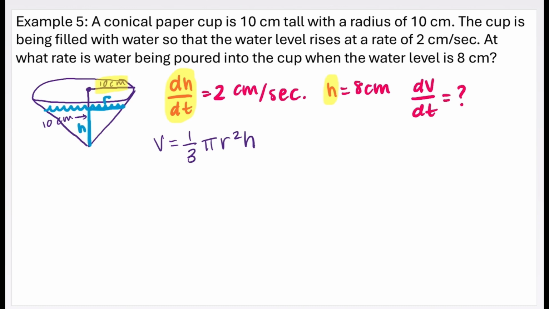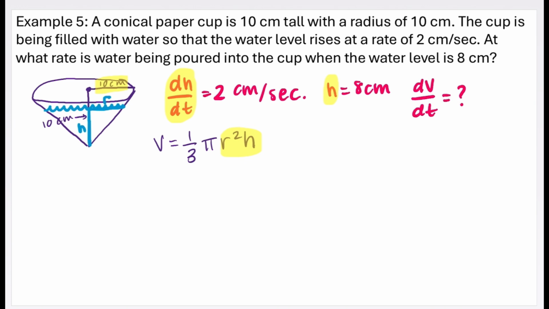We don't have dr dt. We don't have anything about r when the height is 8. A lot of times you can, from the get-go, change how the formula looks based on what you already know. So, in the original cone, the height and the radius are equal.